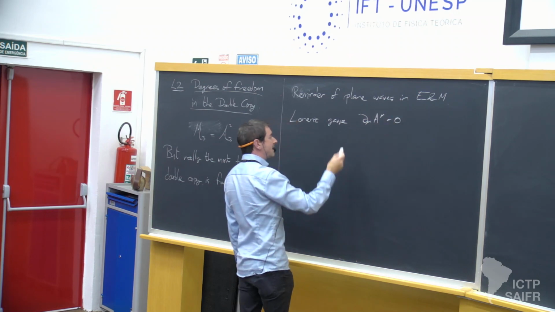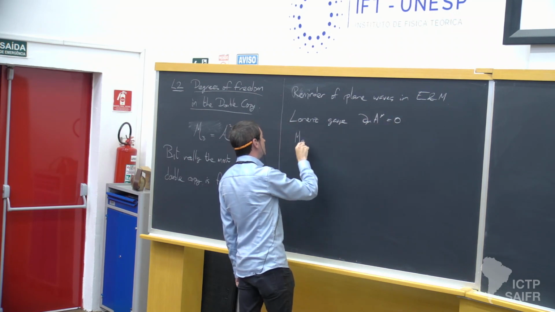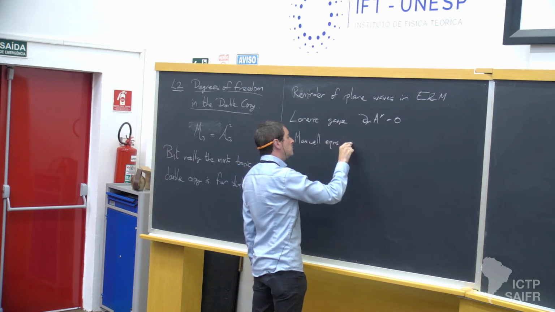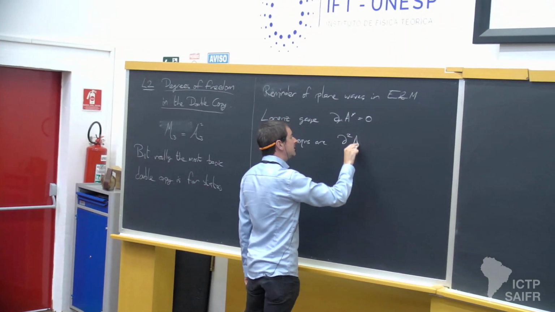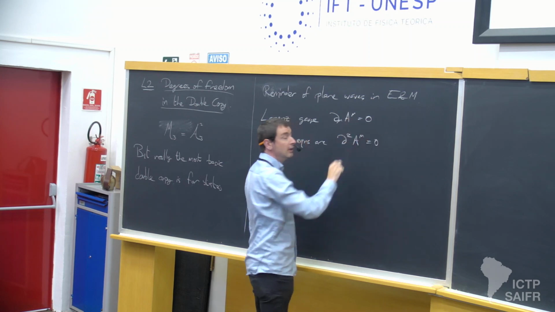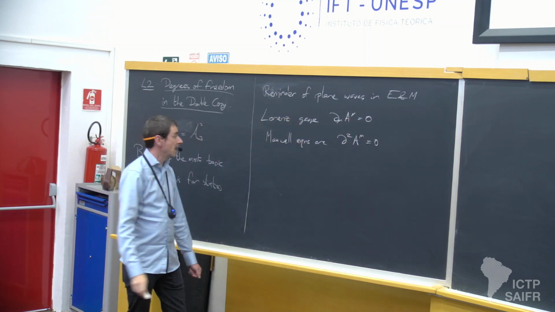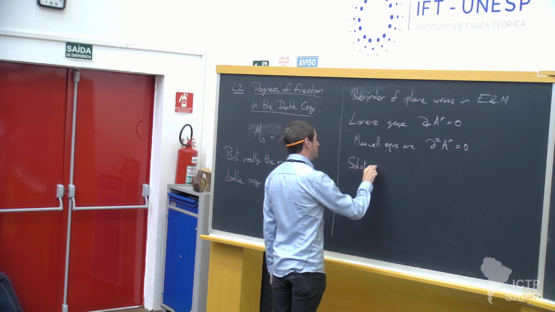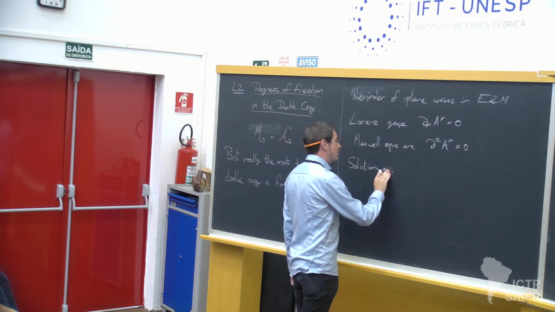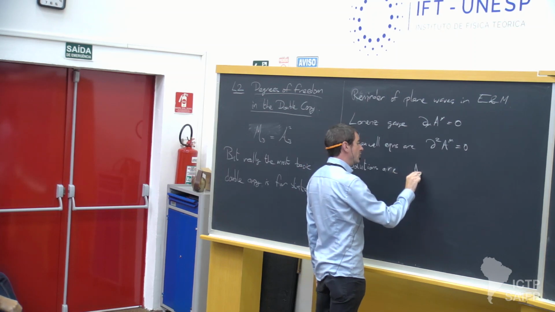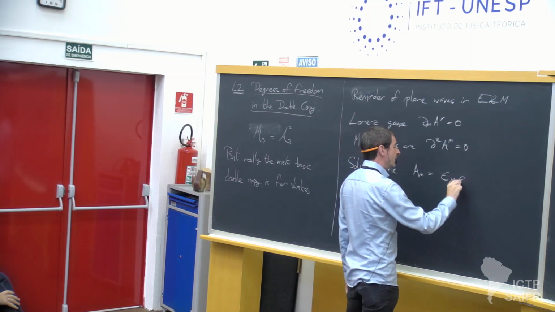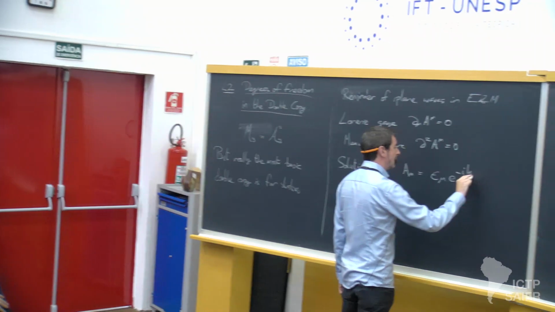The Maxwell equations are d squared A mu equals 0 in Lorentz gauge. The solutions are A mu equals a linear combination of things like epsilon mu e to the minus i k dot x.